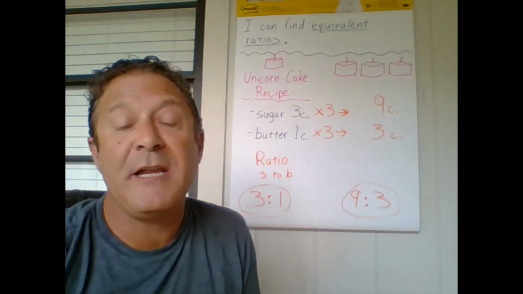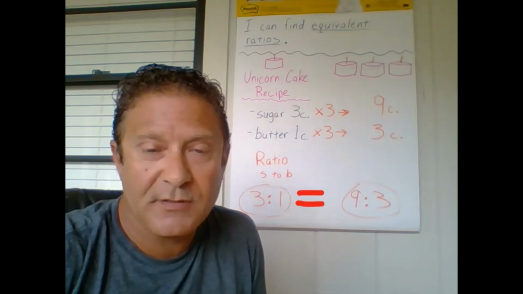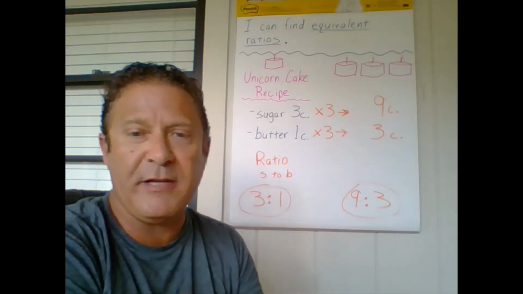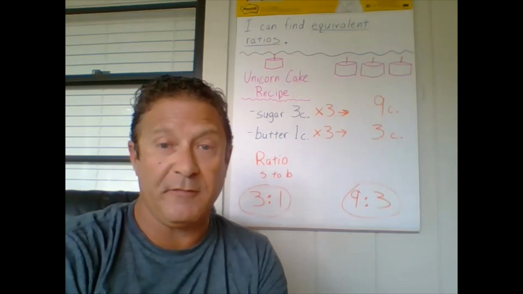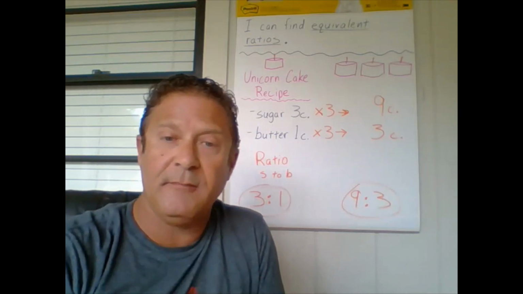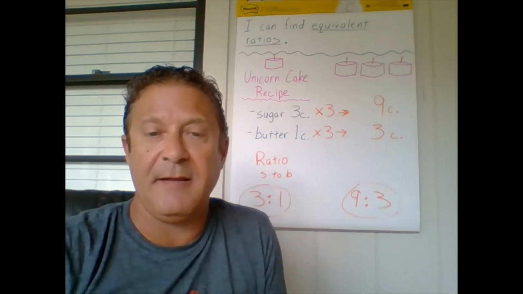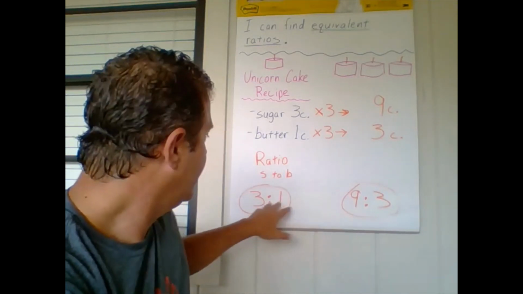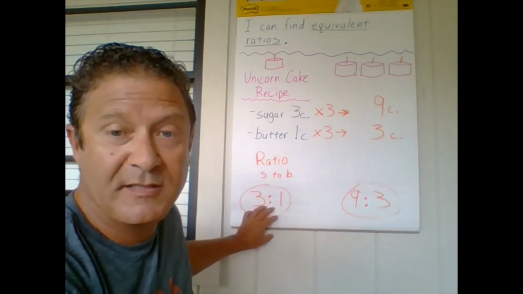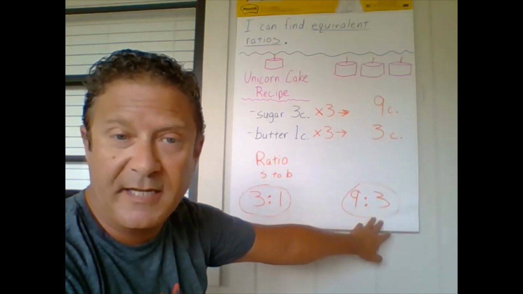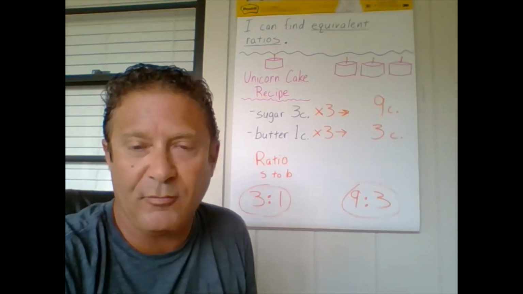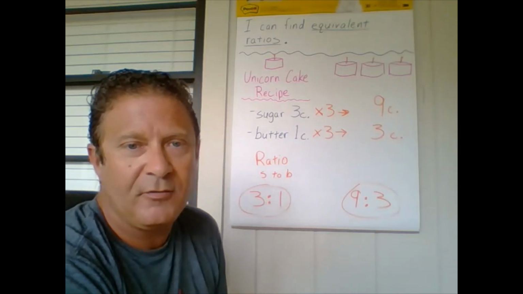I'm going to say these are equivalent ratios because all I did was multiply each part by 3. Just like coming up with an equivalent fraction, multiply the numerator and the denominator by the same number. 9 to 3 is an equivalent ratio of 3 to 1. And that works the other way too. If I were to take this 9 to 3 and divide both parts by 3, I could also get an equivalent ratio.